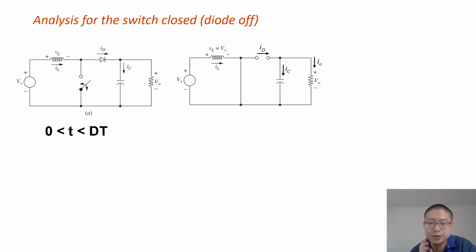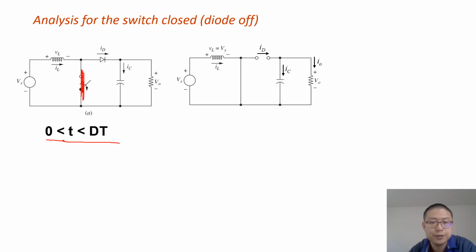So after introducing these assumptions, let's start analyzing the circuit. First, let's take a look at the scenario when the switch is closed. That is when time is between 0 and DT, the switch is closed. So we treat it as short circuit.